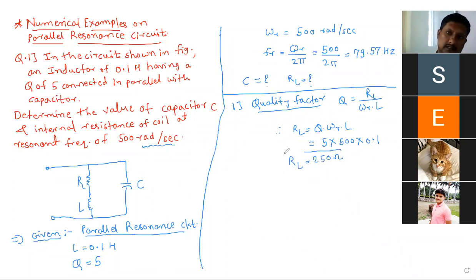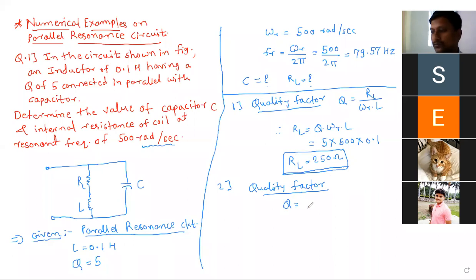Yes, the internal resistance of the coil is 250 ohm. Second, how to find out the capacitor value now? Q is equal to omega R into R. Very good. So that formula you can also use, the quality factor in terms of capacitor: Q is equal to omega R into C into R, and R is nothing but RL here.